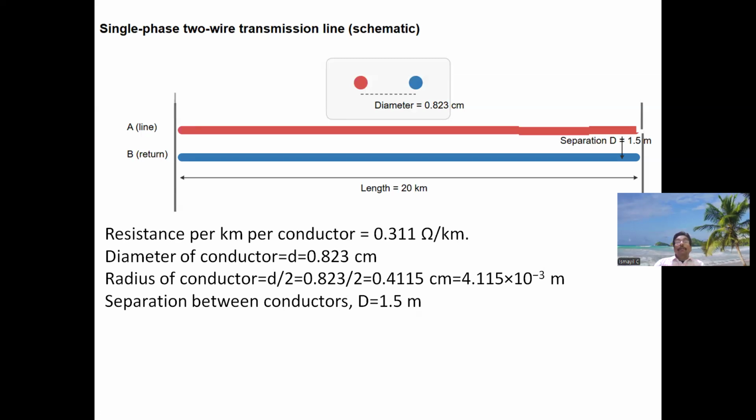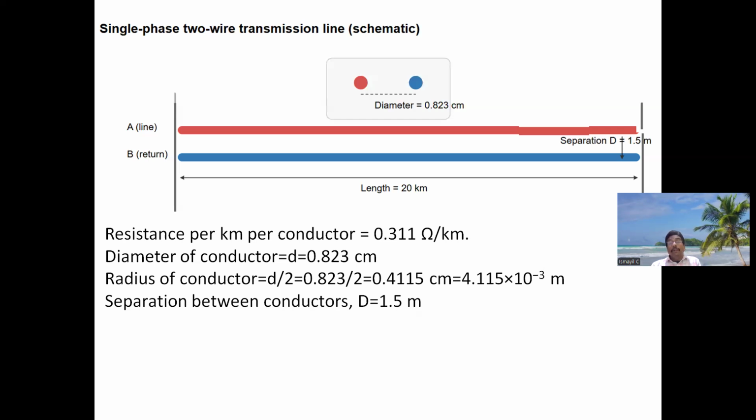There is a transmission line. Let us consider it as the line A, and the return line we can consider it as line B. The total length of the transmission line is given. It is 20 kilometer. The diameter of each conductor, that is same, is also given, that is 0.823 centimeter. From this, the question asked is to find the impedance of the line.